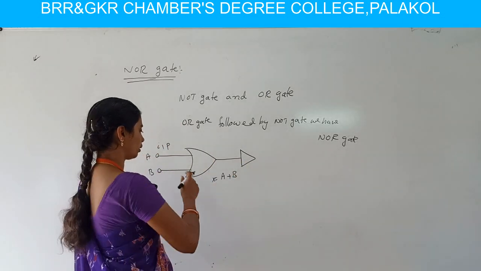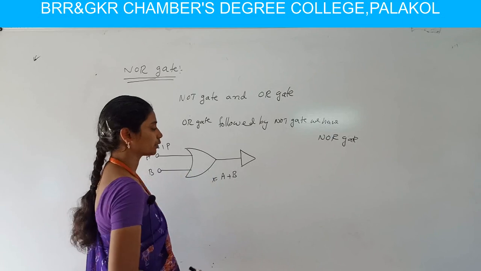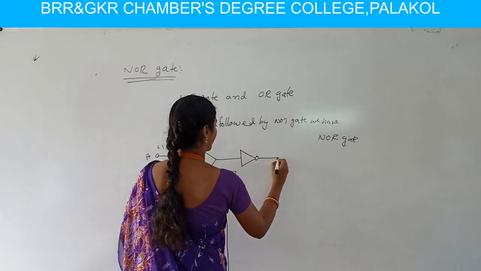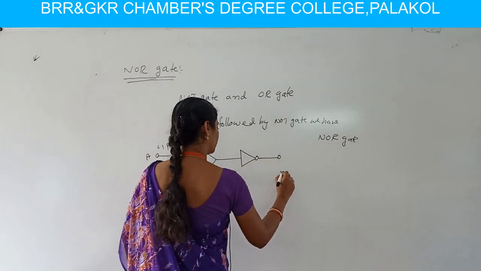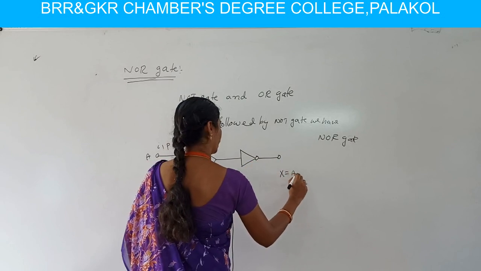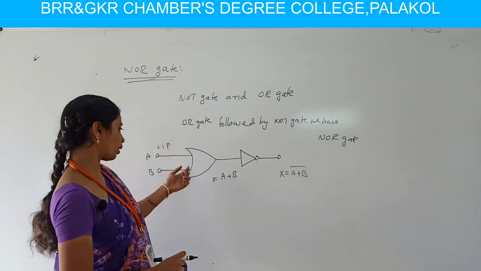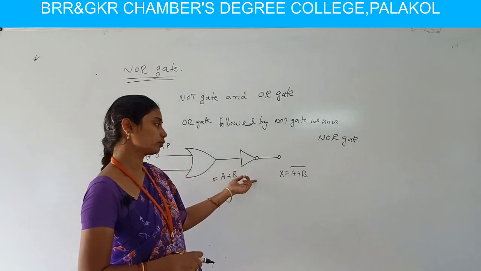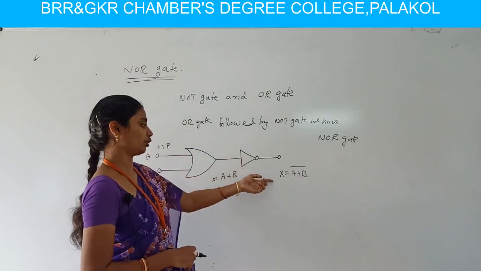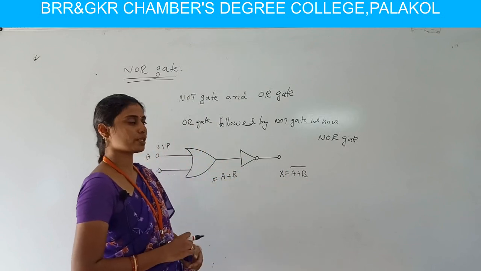This output of the OR gate, which is followed by the NOT gate, gives the output x equal to a plus b whole bar.